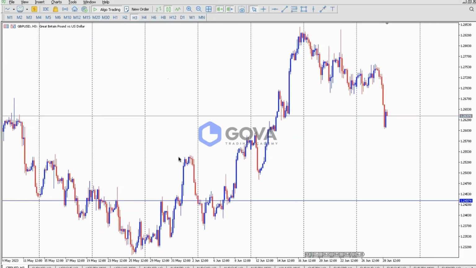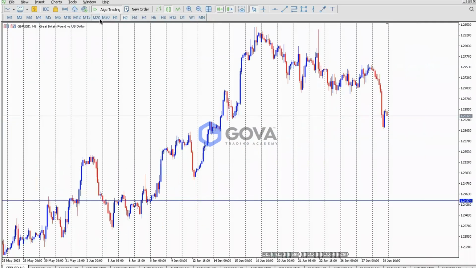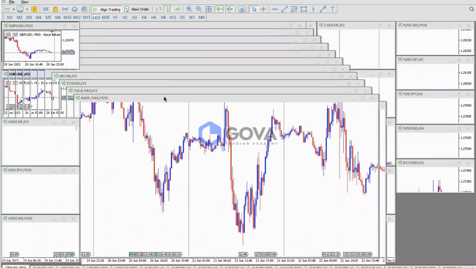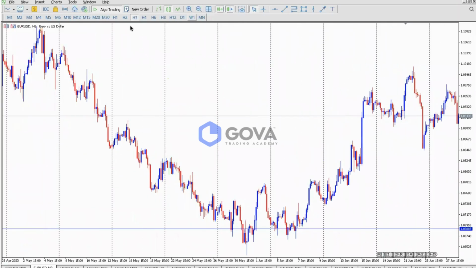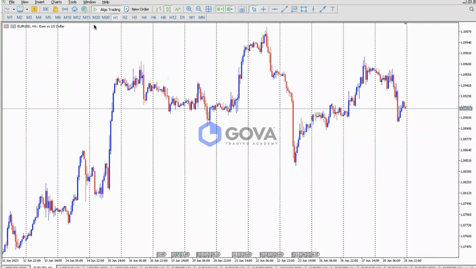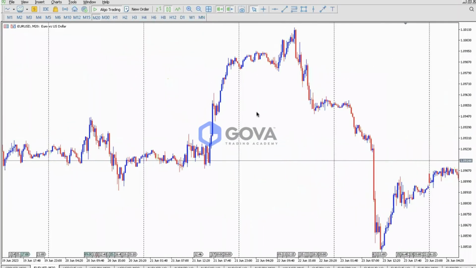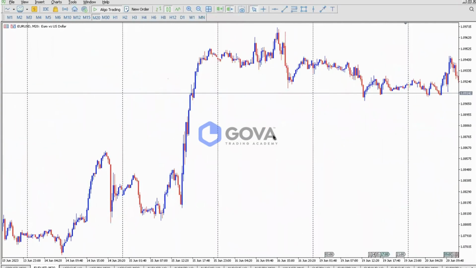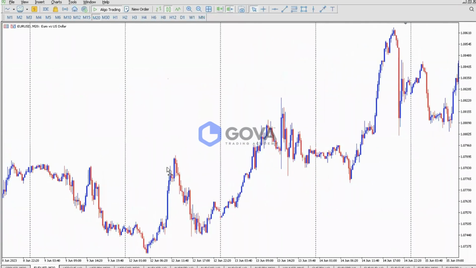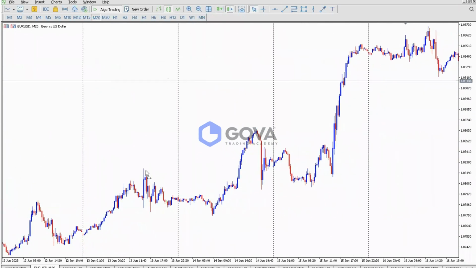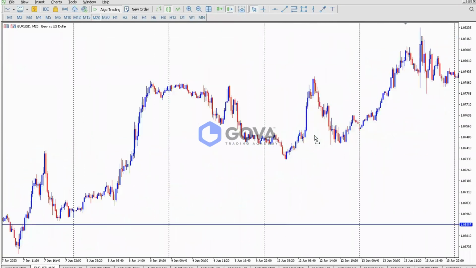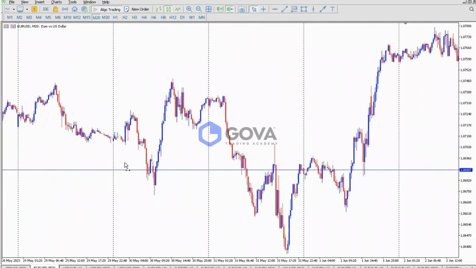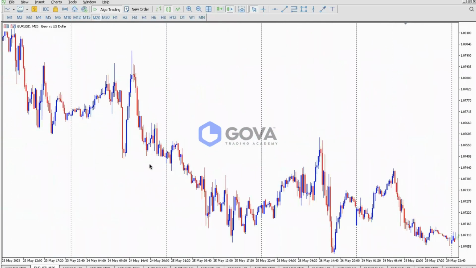Okay, let me check GBP USD. Or let me check Euro USD. So this is Euro USD, guys. Now let me show you basing candlestick. First of all, let me show you a buy trade formation or a sell trade formation and show you how it works.